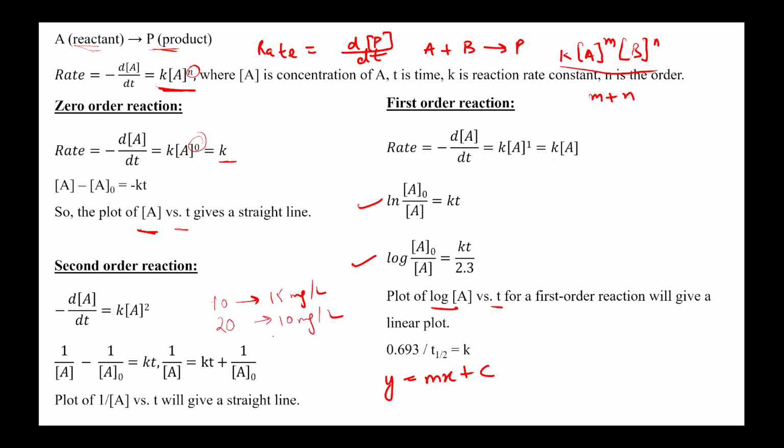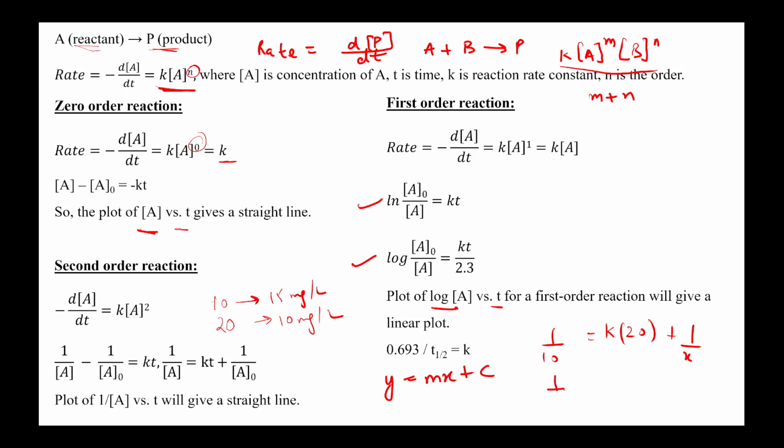Okay. So for this question, what you can do is assume the initial concentration to be X, let's say. So for the final concentration of 10, 1 by 10 will be equal to K into 20, because time is 20, plus 1 by X. So this will be one equation.